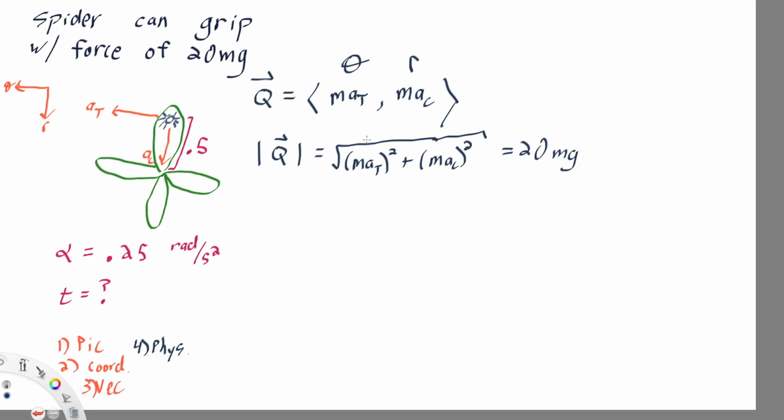So let's work on this first term under the radical, this left term, first. We know that there is a relationship between the angular acceleration and the tangential acceleration, right? We established that a few slides ago.